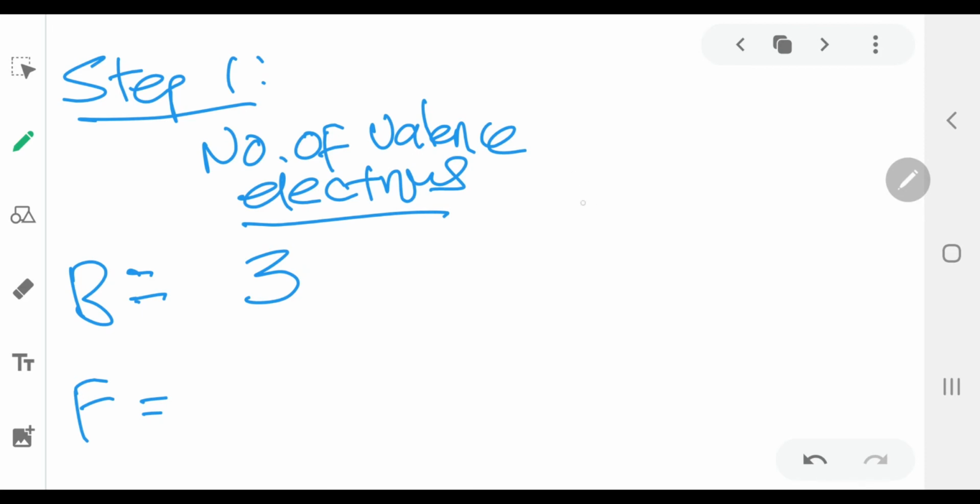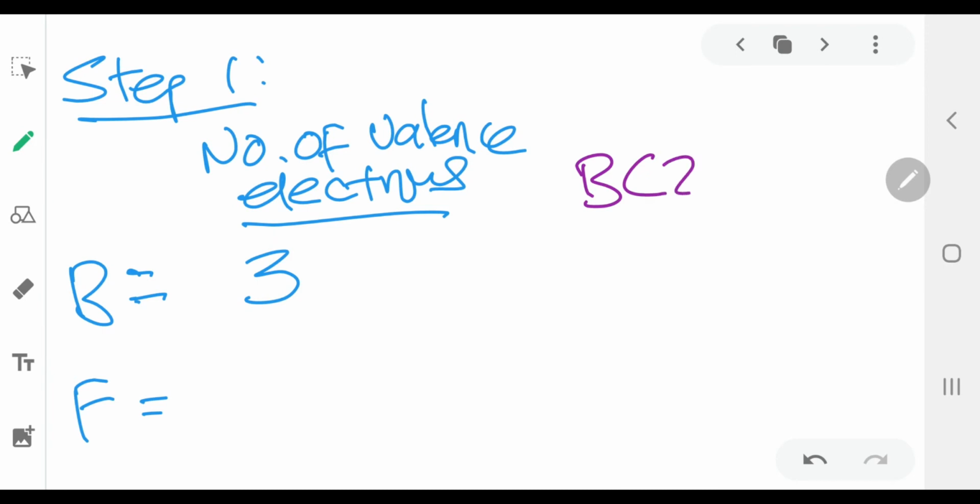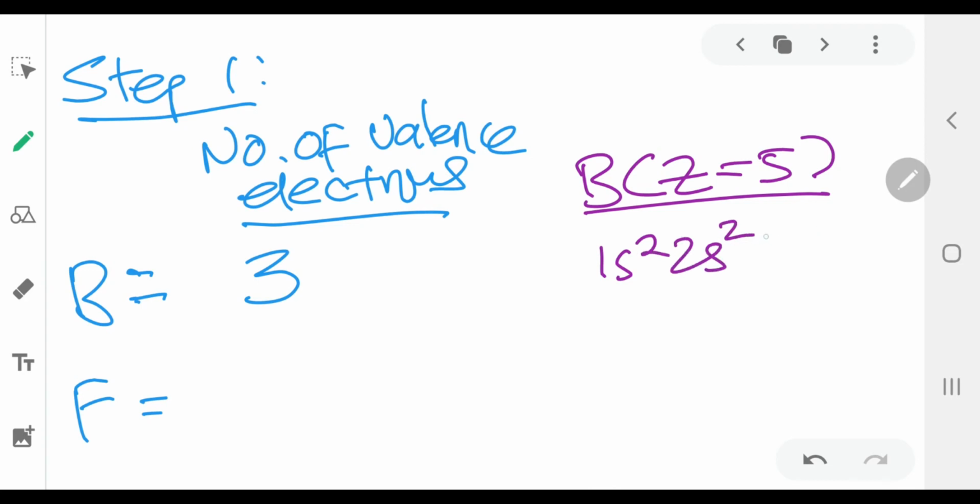So how do you double check for boron? The proton number is 5, so you have 1s2 2s2 2p1.